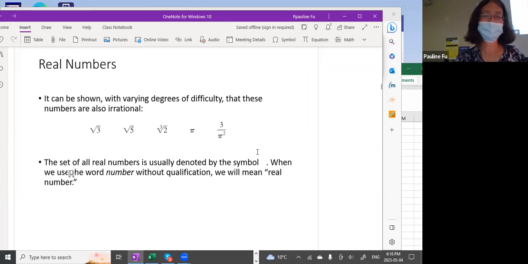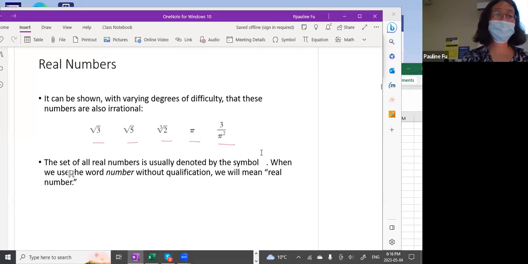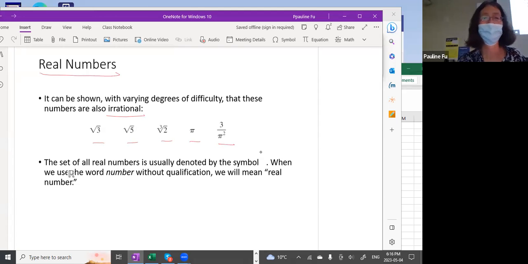So real numbers. All the numbers given here are real numbers. At the same time, they are also irrational numbers. All the numbers you see are irrational, because those numbers cannot be expressed as a ratio of 2 integers, or those numbers are non-repeating, non-terminating.